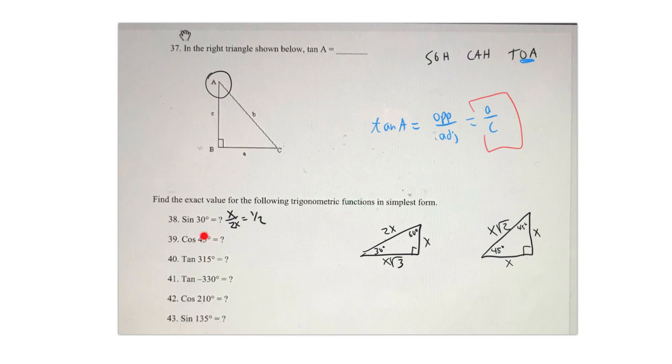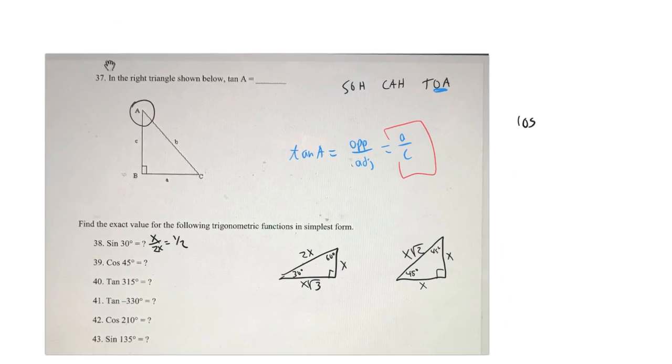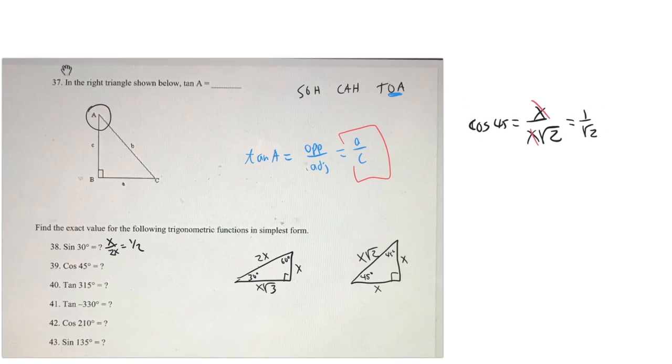Cosine of 45. Cosine is adjacent over hypotenuse. So 45 is right here. We have adjacent, which is x over x radical 2. So let me write it over here. Cosine of 45 is equal to x over x radical 2. The x's cancel, leaving us with 1 over radical 2.